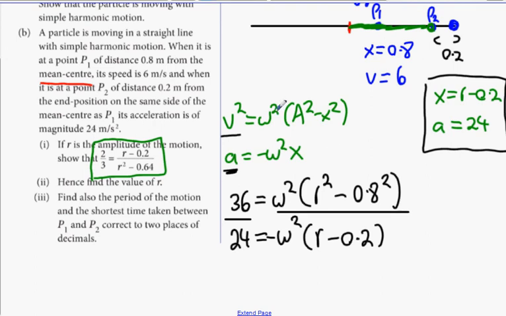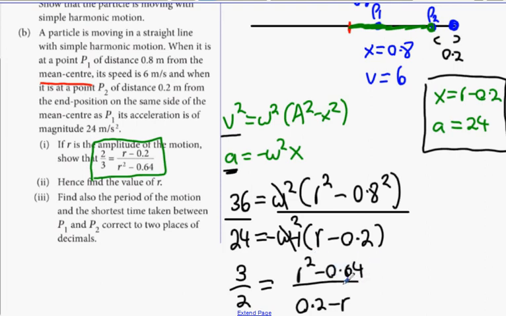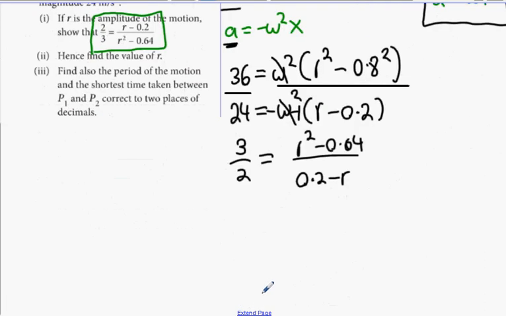So what happens now? 36 divided by 24 is 3 over 2. Omega squared divided by omega squared cancels. I'm going to multiply the bottom by minus 1. So I'm going to get 0.2 minus r, and now r squared minus 0.64. Does that make sense? 0.8 squared is 0.64. Then I'm going to turn both sides upside down.